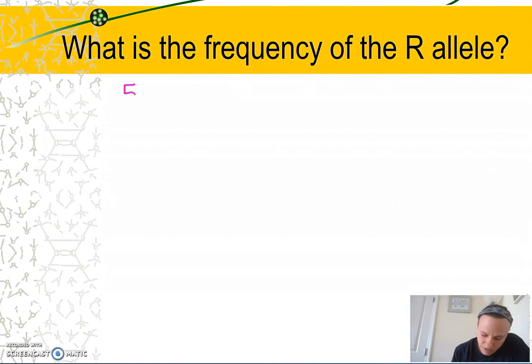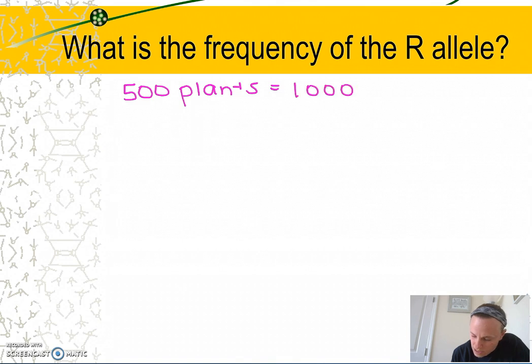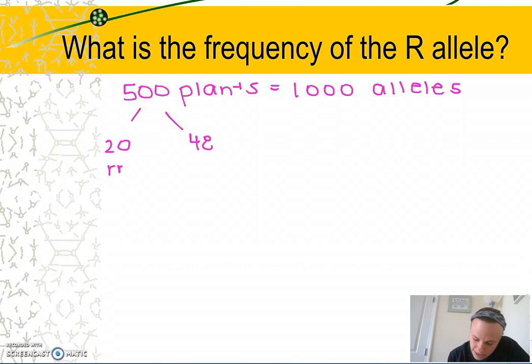We've got 500 plants, and these plants are diploid. So that means that we've got 1,000 alleles. Now they're also telling us that 20 of them are white. 20 of them are recessive, having little r and little r. 480 of them are dominant.